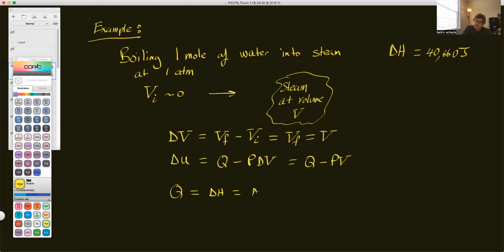So we have delta U plus P delta V, but delta V as we see is just V. So we have delta U plus PV. Okay, cool. And so the enthalpy is the energy needed to change phase plus the energy to make room for the steam, okay? Because you have to make room for that volume V.